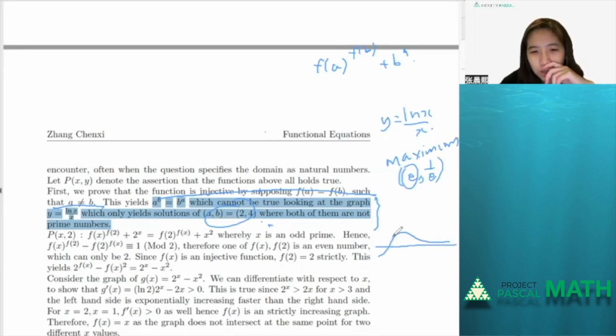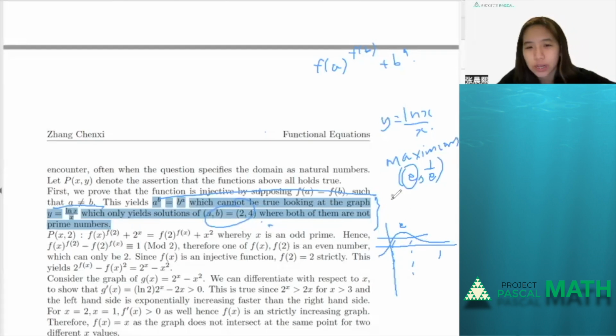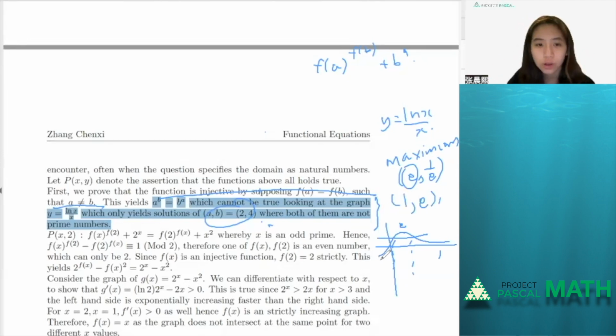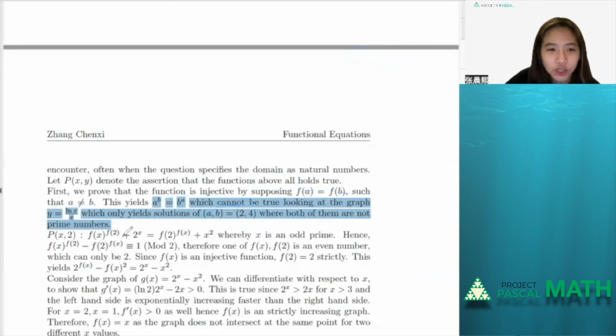You want to find what line crosses this graph at two different points, and what the two points are. Since this is e and this line crosses the y-axis at something like 1, you know it's between 1 and e, and the only possible solution is 1 or 2. But you want them to be different, so the only solution is 2 or 4, or 4 or 2. And so you get that it's injective.